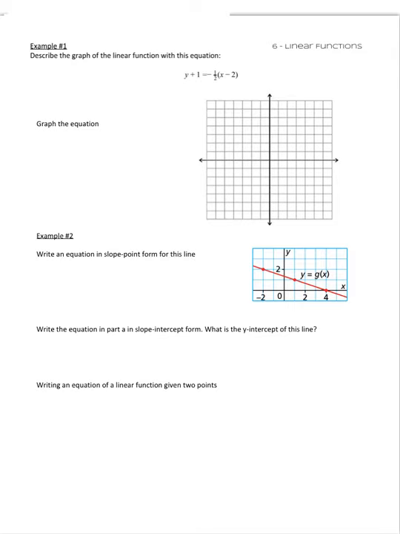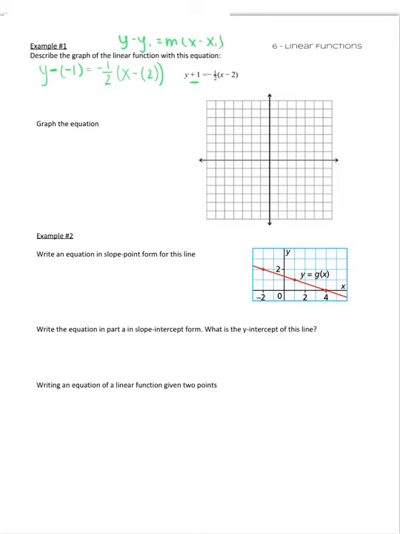So describe the graph of the linear function with this equation. Well, remember the function equation is y minus y1 is equal to m times x minus x1. So what we end up with: to get a positive 1, this was take away, it must have been a negative 1, which equals negative 1/2 times x minus positive 2.